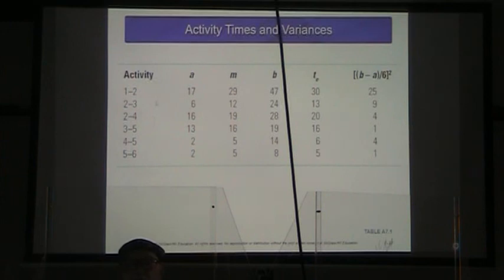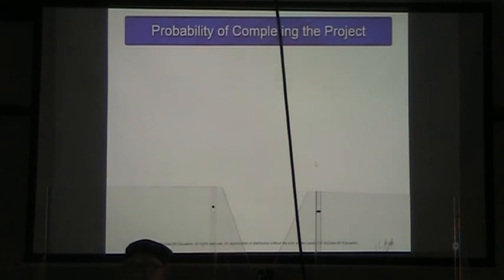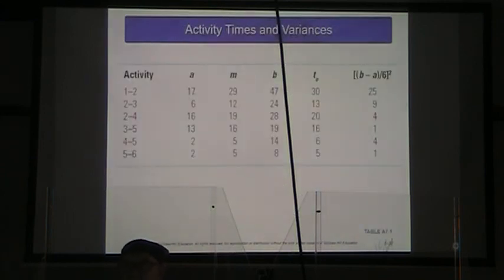All right, so here we have some activity times and their variances. So we have the optimistic time, the most likely time, the pessimistic time, and our PERT estimate time for each of these. So the activity from 1 to 2, from 2 to 3, 2 to 4, and on down. Oh, bloody hell. Right, and then we have the variance of each of these.